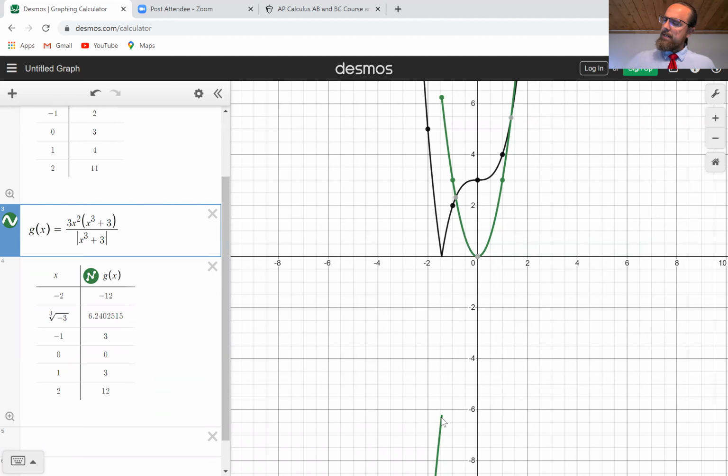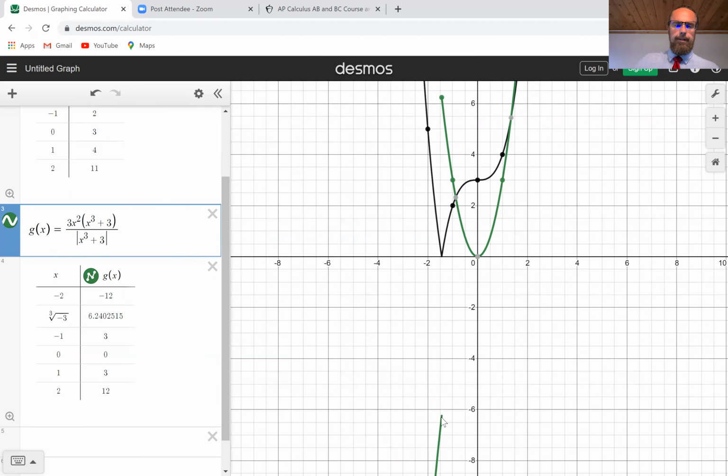So I'm going to write that table down. So -2's at -12. The cube root of -3 has the output of 6.24 on the upper side, on the lower side it's -6.24. And then the rest is the quadratic unaltered.